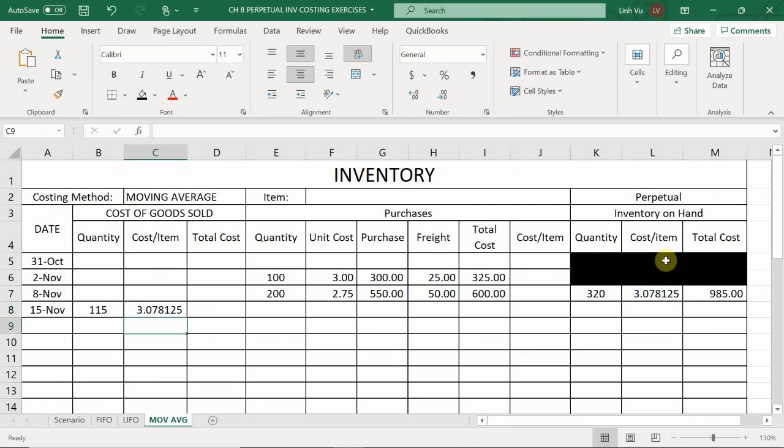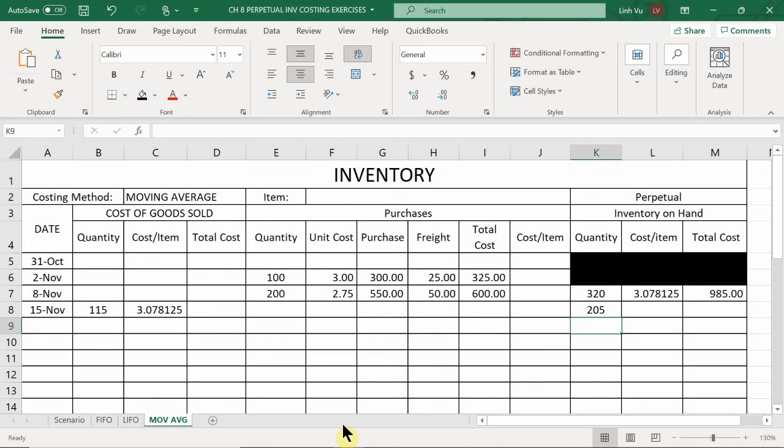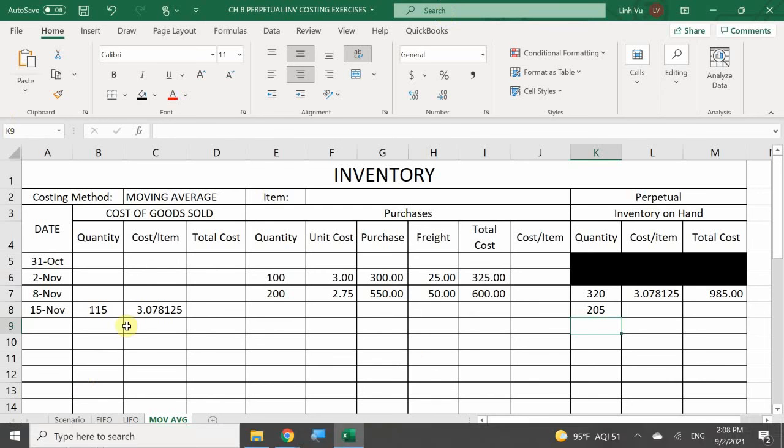Okay, we're going to subtract 115. So then our total cost of the 115 is $353.98.